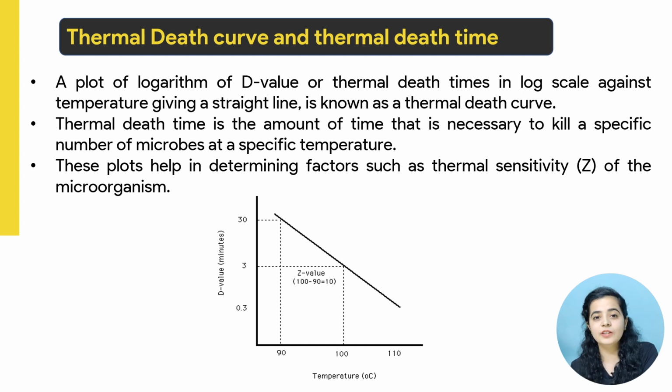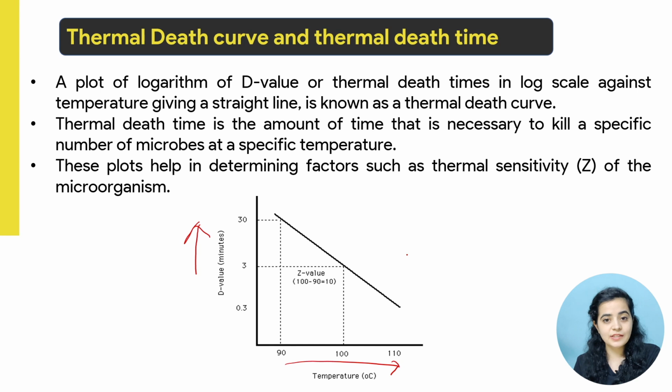So we are just dealing with the factor of time, but if we want to see a broader perspective of the thermal operation, keeping in mind the two factors, time and temperature, we plot a graph containing log of D value on the y-axis versus the temperature on the x-axis. So in this case, we are getting the two factors, time and temperature, and this curve is known as your thermal death curve. So what is the thermal death curve?